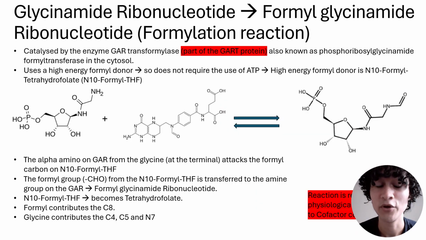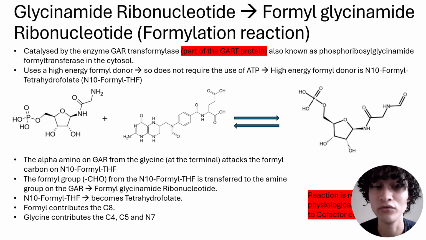So the first domain we're going to talk about on the GARP protein complex is the GAR transformylase domain, and that catalyzes the conversion of glycinamide ribonucleotide to formyl glycinamide ribonucleotide. This is a formylation reaction, adding a formyl functional group, and our formyl donor is N10 formyl tetrahydrofolate.